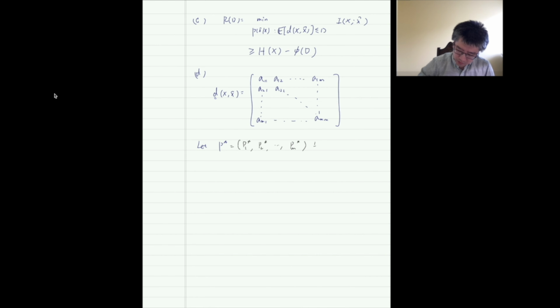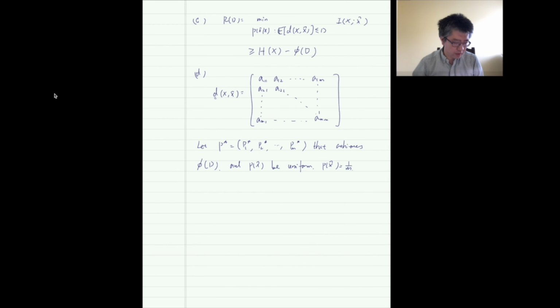This is the probability distribution that achieves phi D. And we assume that P(x hat) is a uniform distribution, which means that P(x hat) equals 1 over n. Now let's double check whether this is possible or not.